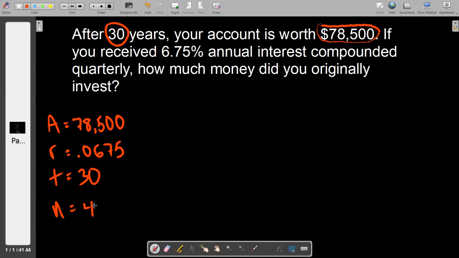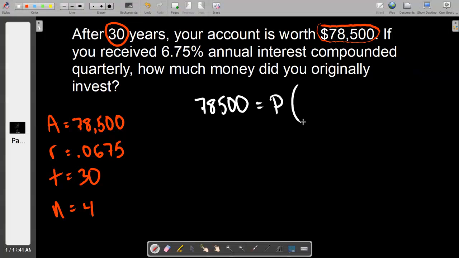All right, so I know that some of you are pretty resistant to showing work, but I'm not going to go down that road. No way. So I'm going to show the formula, only I'm going to put numbers in place of letters. The formula, remember, is A equals P times 1 plus R over N to the N-th, and I'm going to put numbers in. So I'm going to have 78,500 equals P. Whoever you're looking for is going to stay as a variable, always.